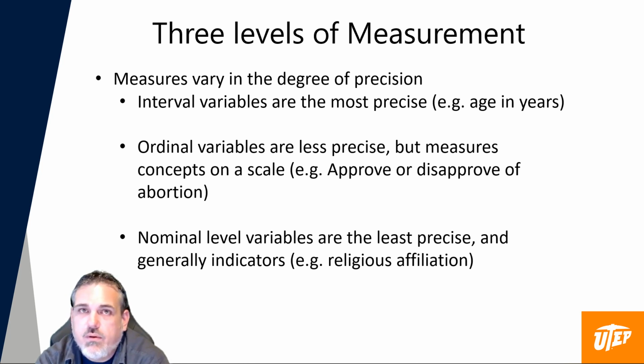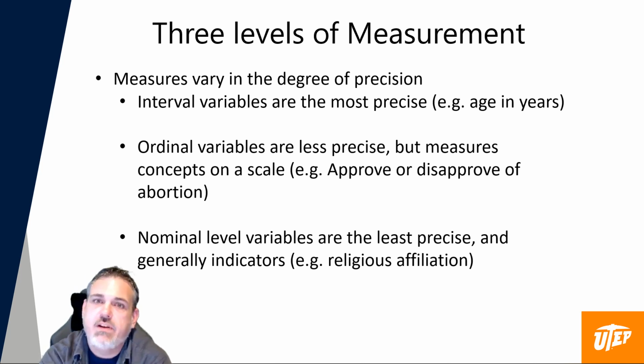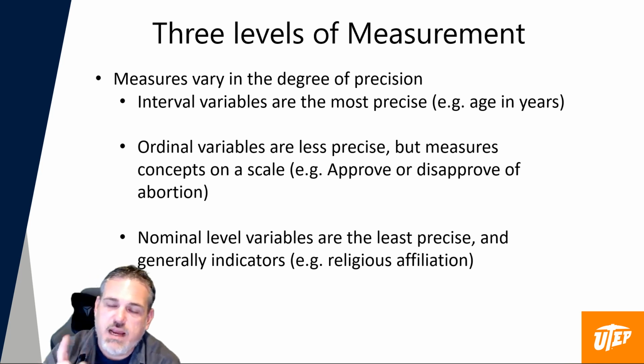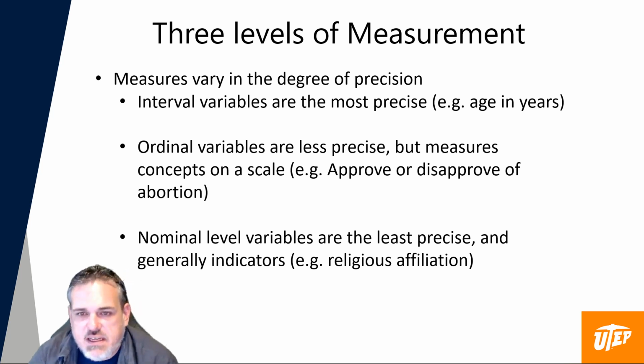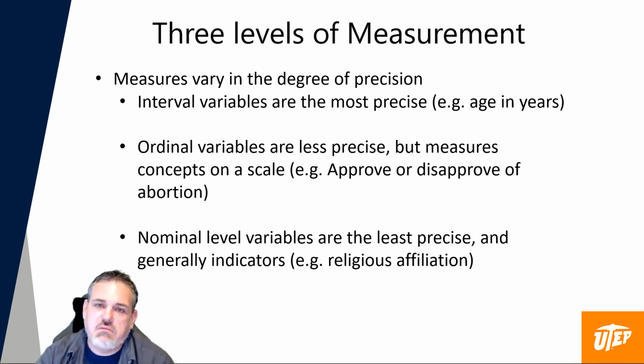Now, an individual who is male does not have any more gender than an individual who is female. There is no directionality in terms of gender. The difference is not a quantifiable thing, but it does indicate differences.